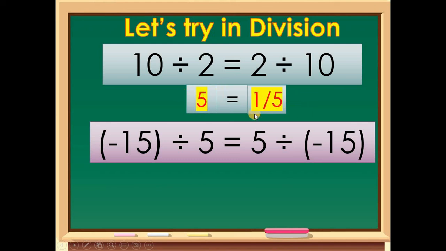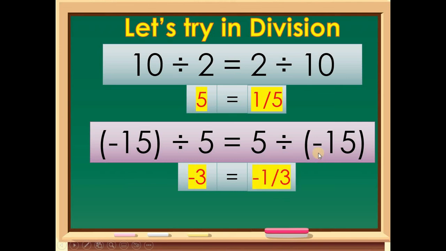So paano yan? Try naman natin itong isa. Negative 15 divided by 5, we have negative 3, while this one, 5 divided by negative 15, we have negative 1/3.